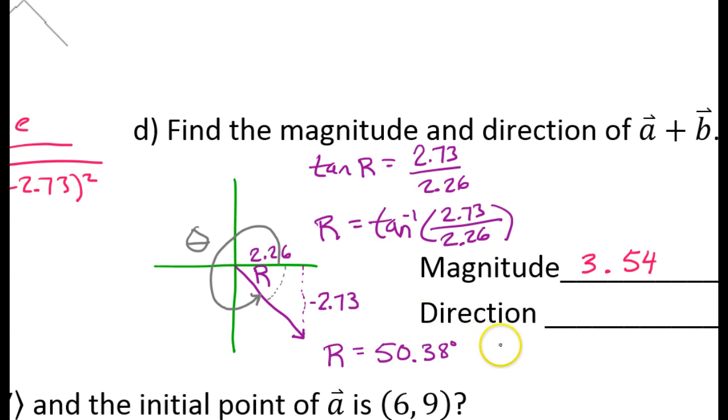So in other words, theta should equal 360 minus r, minus 50.38 degrees. That's 309.62. So that's the direction.